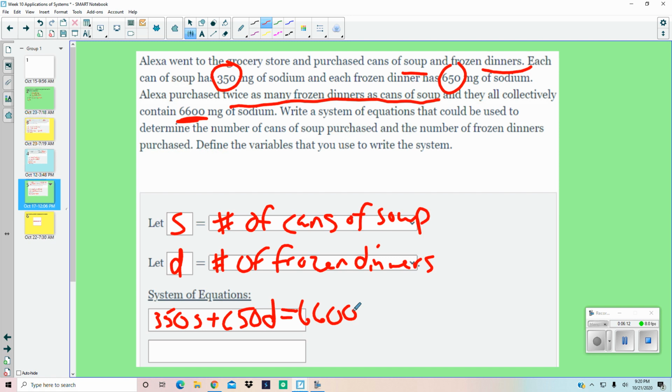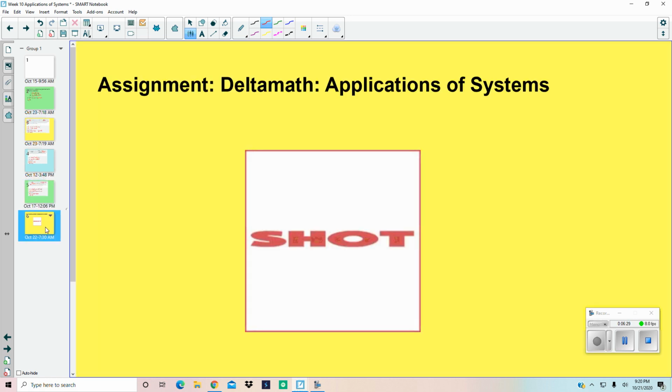Hopefully you're seeing a pattern here. We have twice as many frozen dinners as cans of soup. So my dinners is going to equal 2 times the number of soup. So D equals 2S.